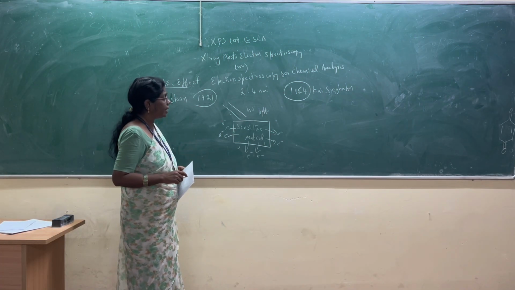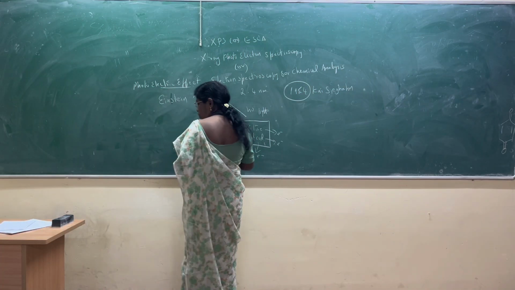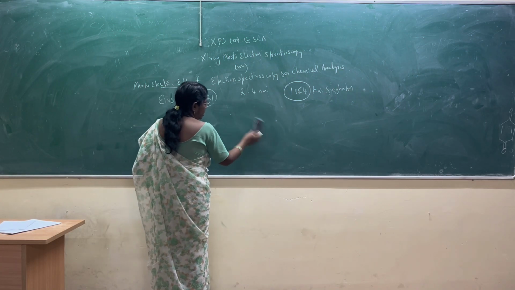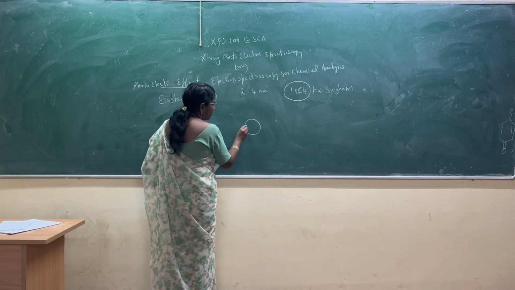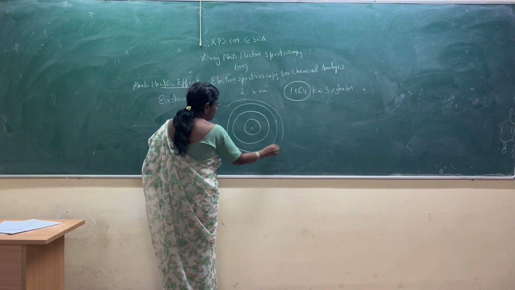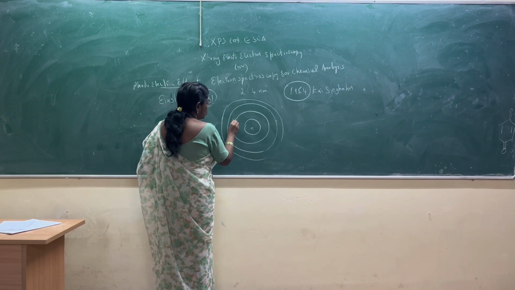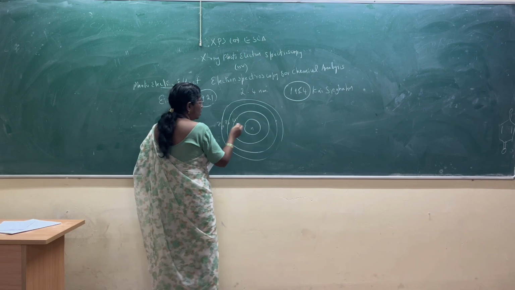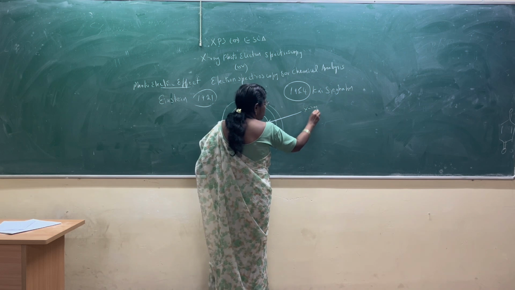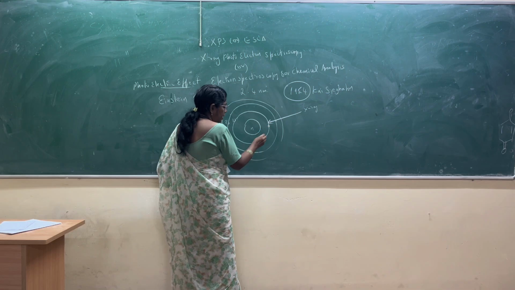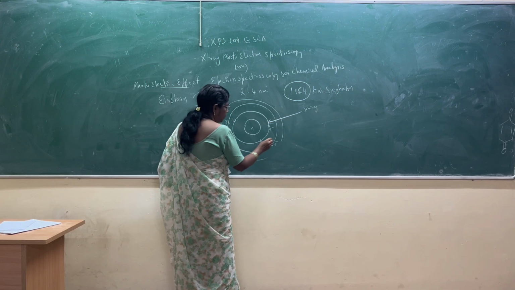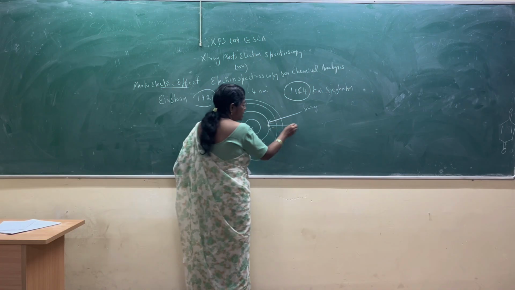So what did Siegbahn do? Instead of hν, he used X-rays. Take any one atom. The center is the nucleus, with the 1s, 2s, 2p levels. An X-ray source is irradiated, and the innermost electron is ejected out.